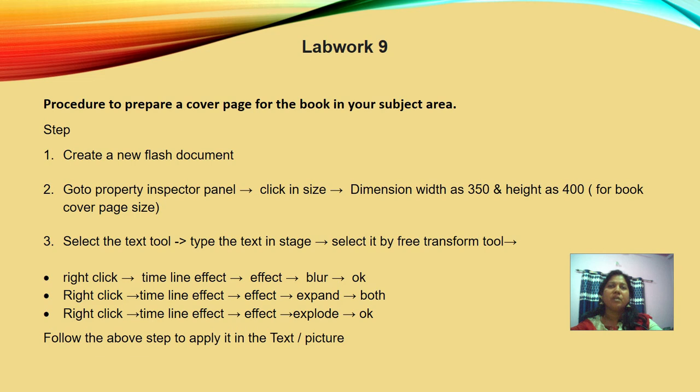Select that text with the free transform tool, then right click, go to timeline effect, click on effect, the blur option is there, then click OK. Here you will get a different output because you have selected the blur option.